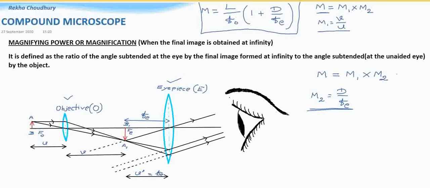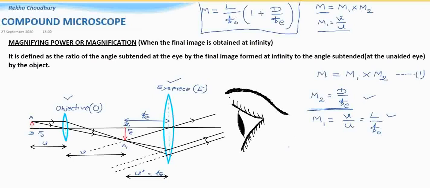Write this as equation number 1. Again, m1, the magnification or magnifying power of the objective, is V by U, and that is equal to L divided by FO. So let us put these two values in equation number 1.